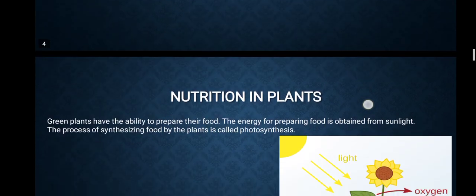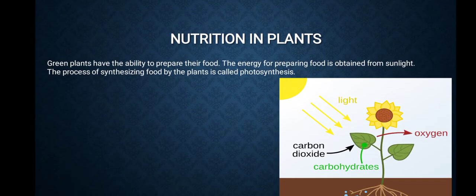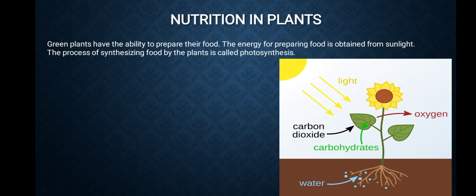So student, let's move to the new topic, that is nutrition in plants. Green plants have the ability to prepare their food. The energy for preparing food is obtained from sunlight. The process of synthesizing food by the plant is called photosynthesis. What is photosynthesis, Rohit?